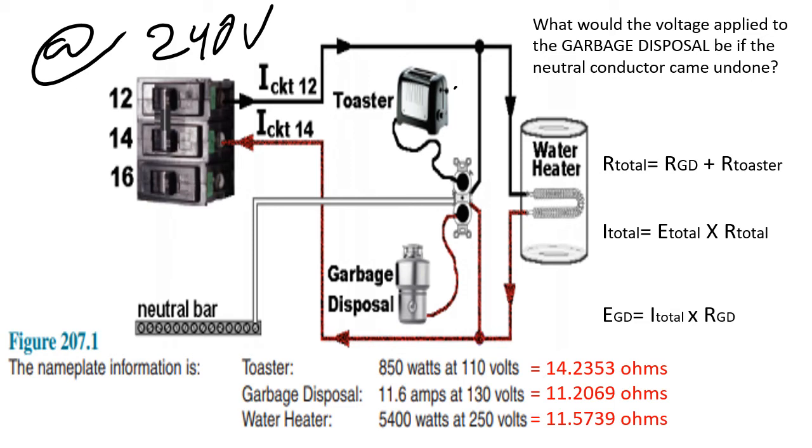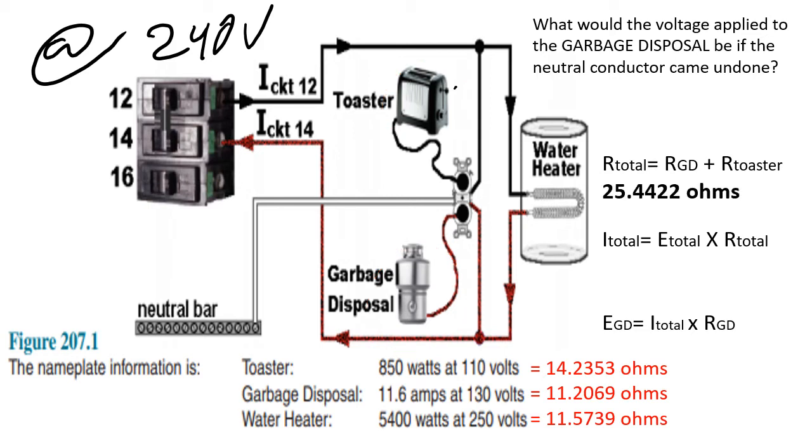So, we start with our total. We need to figure out what our overall resistance total is between our toaster and our garbage disposal. In order to do that, we take the resistance of each one and add them together to get our R total. Our R total in this case would be 25.4422 ohms. That's for these two alone.